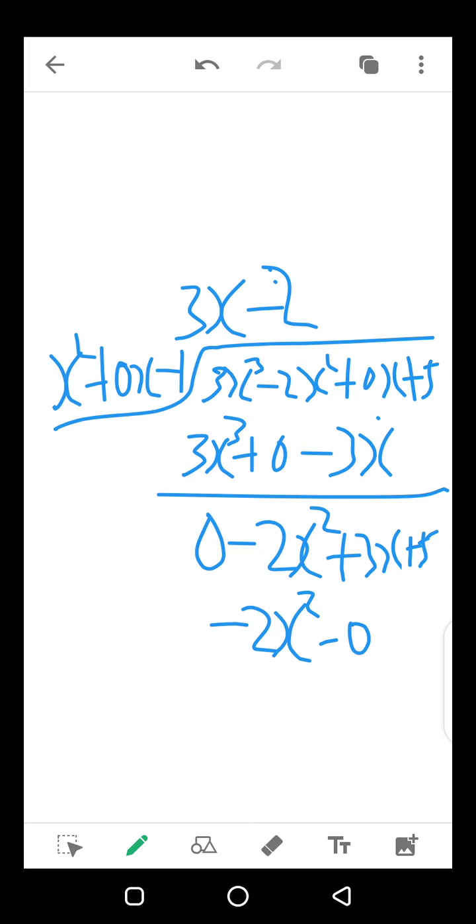Minus 2 times minus 1, we are going to get plus 2. And so we now have this. We do our subtraction again.